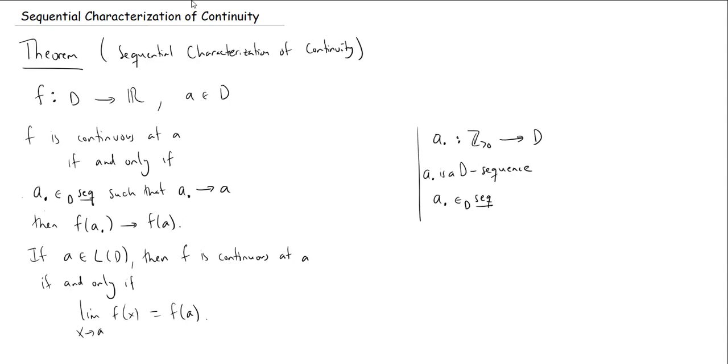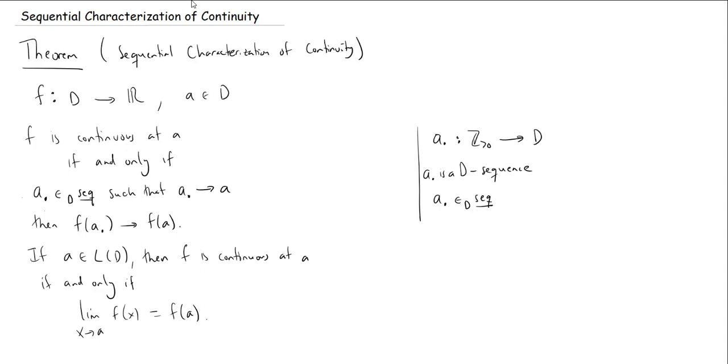All right, so let's talk about this for just a little bit before we do maybe an example of using this. First, why am I assuming here that A is not just in D, but is also a limit point of D? The answer is, if A is in D, but it's not a limit point of D, that means there is no sequence that converges to it.